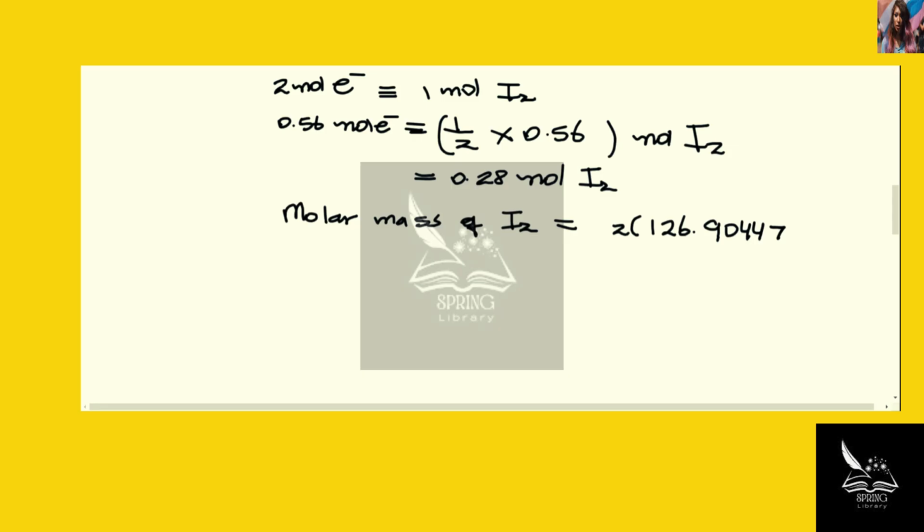So therefore, we multiply by 2 because we have 2 iodine atoms. And this is equal to 253.8089 grams per mole.